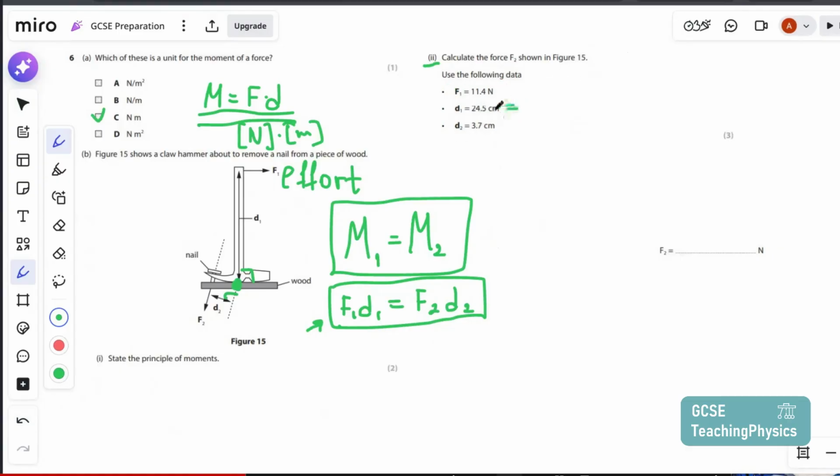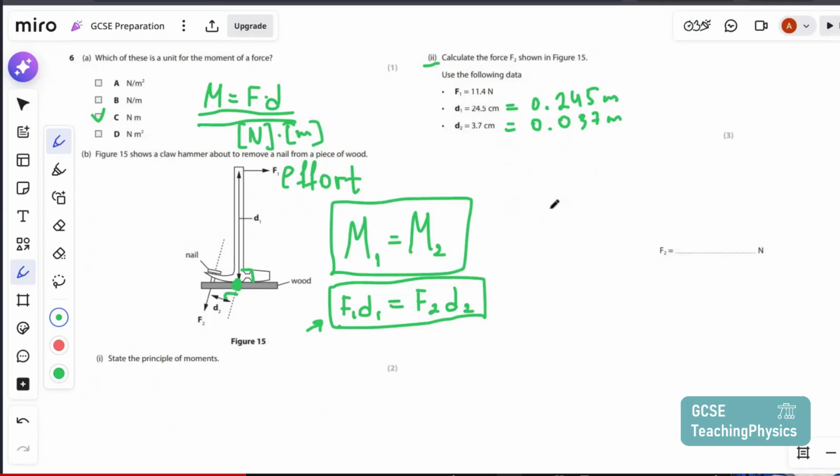How do we convert centimeters into meters? A little task for you. When we move to a higher unit, we should divide. It's very tempting to multiply, right? But we should divide by 100. So 0.245 meters, and here we get 0.037 meters. These are our distances.